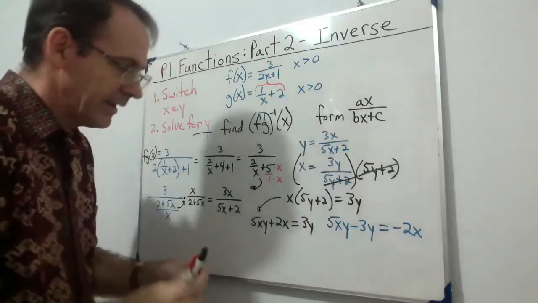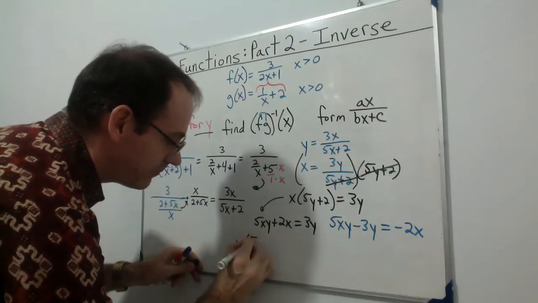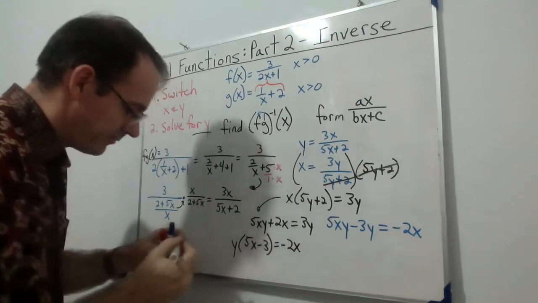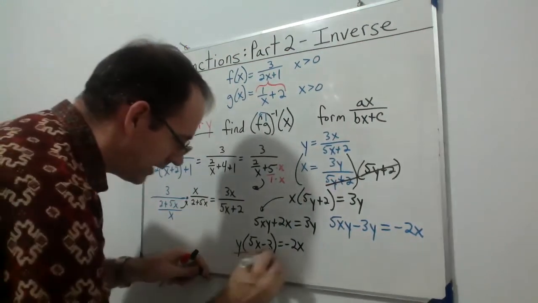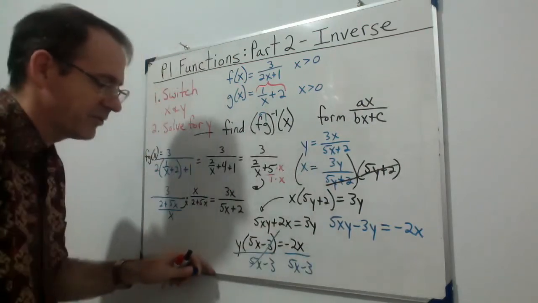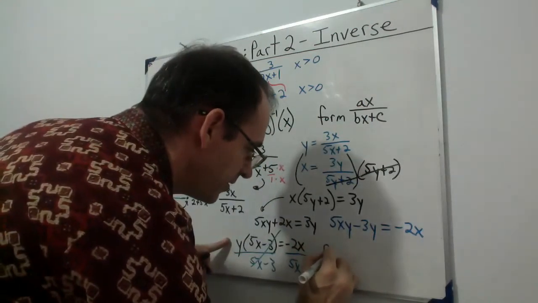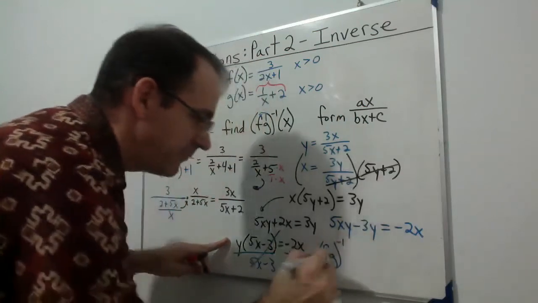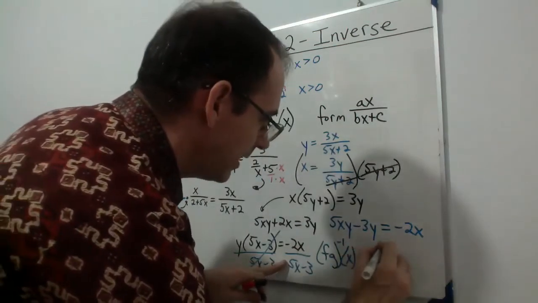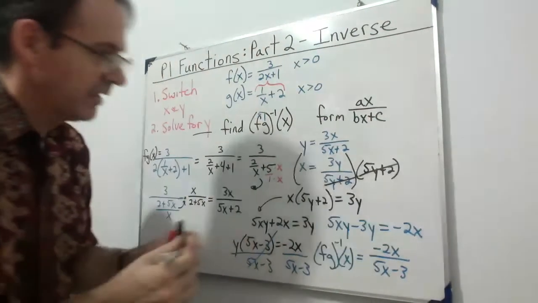Now we factor the y out, so we get y times 5x minus 3 equals negative 2x. Then we divide both sides by 5x minus 3 so that it cancels out. We replace our y with function notation. So this is the inverse of the composite function, which equals negative 2x over 5x minus 3.